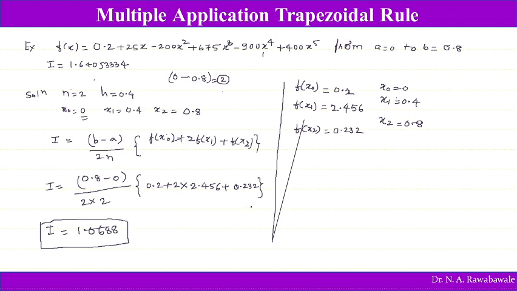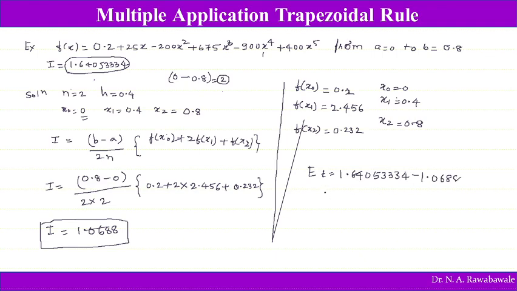Now if we want to find out the error here, the true error is equal to the true value given in this problem, 1.64053334, minus the value we have obtained by using multiple application of the trapezoidal rule, 1.0688.